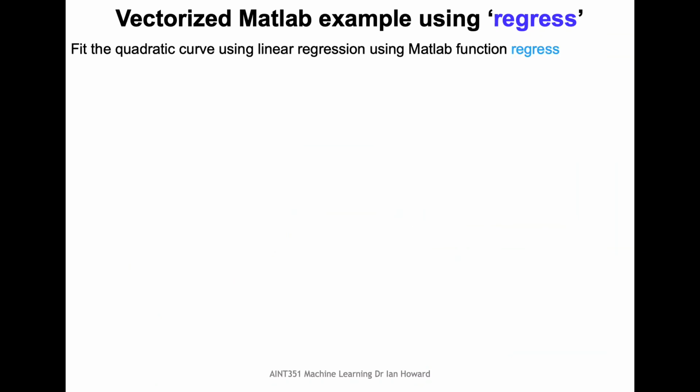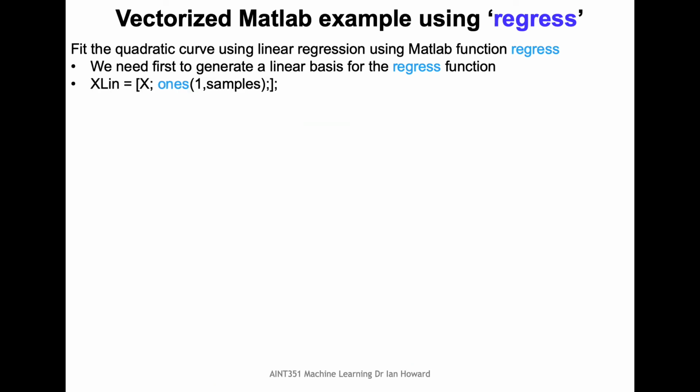Now, what we can do with the regress function is we can actually fit a linear basis, it's called. So we're going to fit effectively mx plus c. In order to do that, we have to generate a basis function which uses the x data, because we want the coefficient of the x, so it's the mx, but we also want the coefficient of the c.